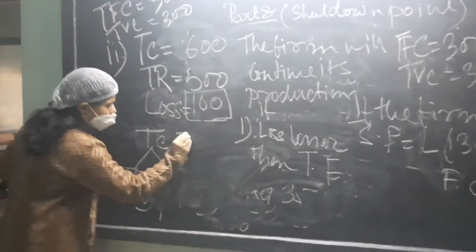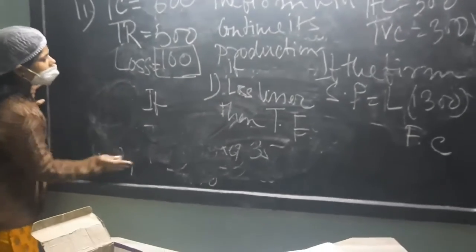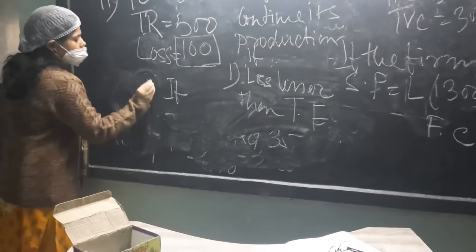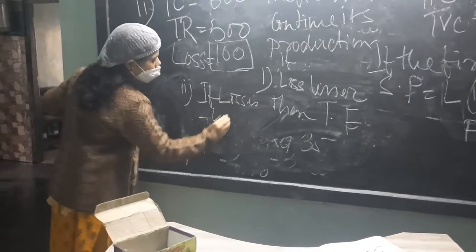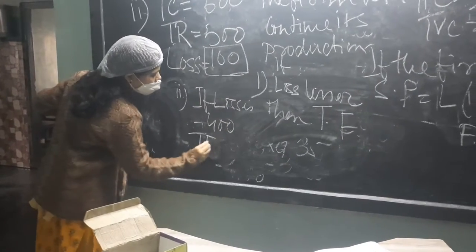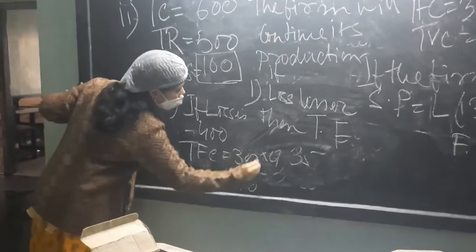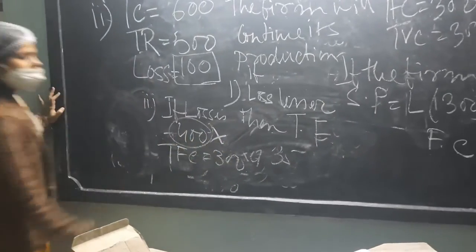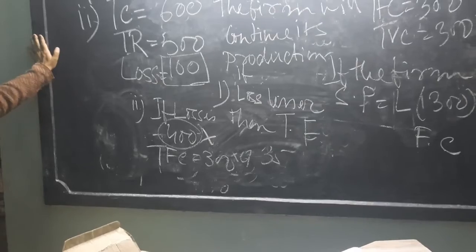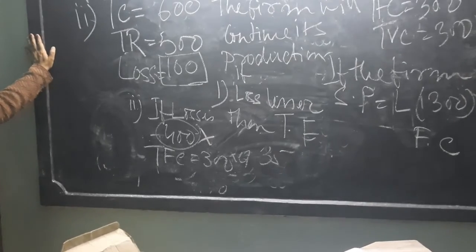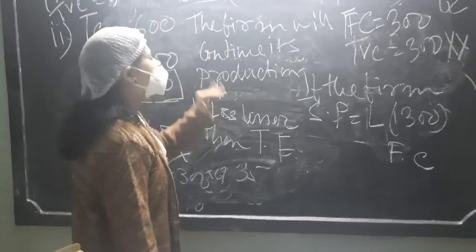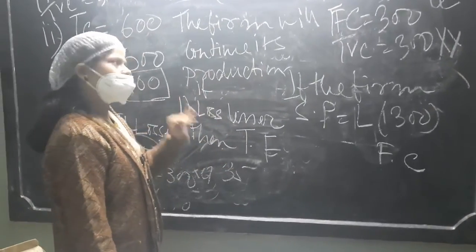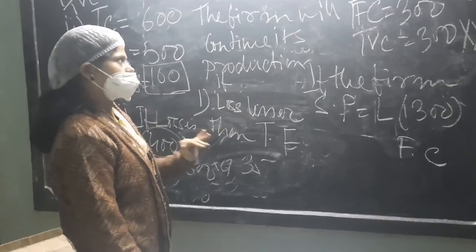But in the second case, if the loss is 400 and total fixed cost is 300, then definitely the firm will stop the production. Clear? The firm will stop the production when the total loss amount is more than the total fixed cost. Otherwise, the firm will continue the production in the short term.